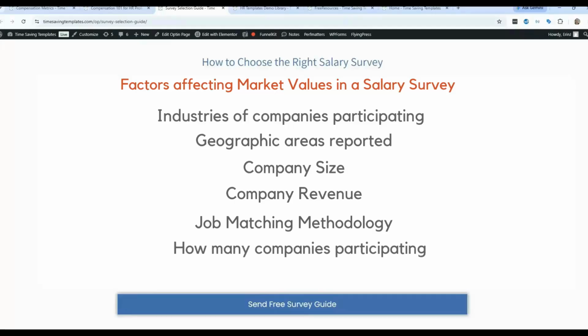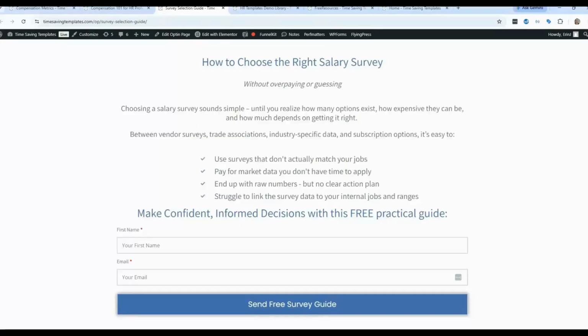And also the number of survey participants. The more companies and jobs that went into that survey for that aggregate number, the more reliable, and this can all influence the market value reported in a survey. So because of this, selecting the right salary survey is often just as important as calculating this metric.